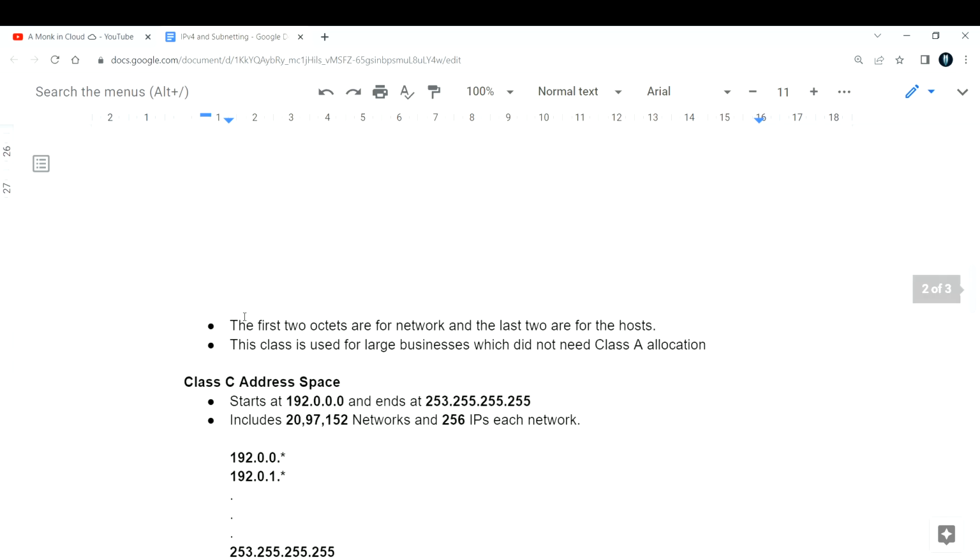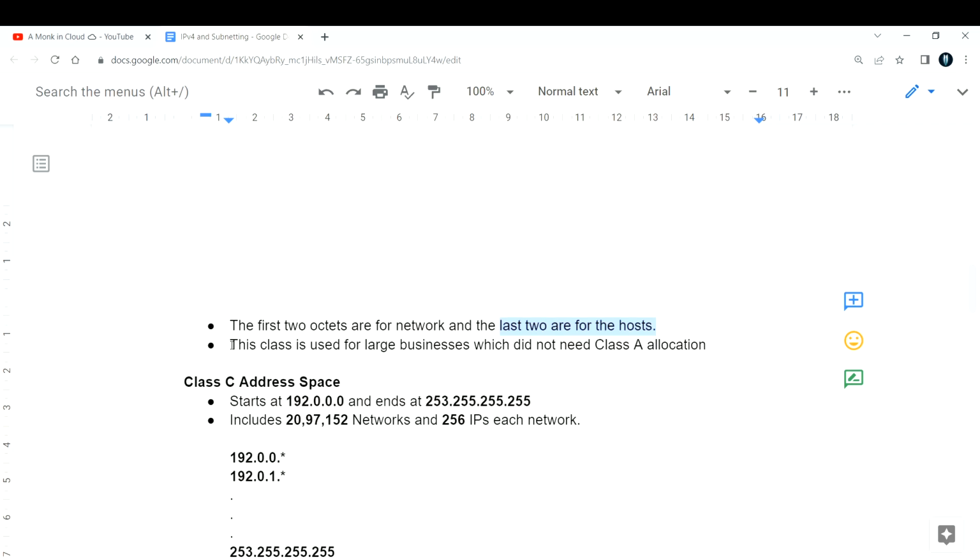Here, the first two octets are for networks and the last two are for hosts. Host means it is for subnetting, so if you want to allocate IP addresses to your devices in the organization, you need host addresses at the end.